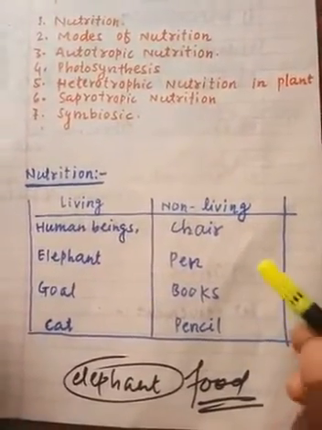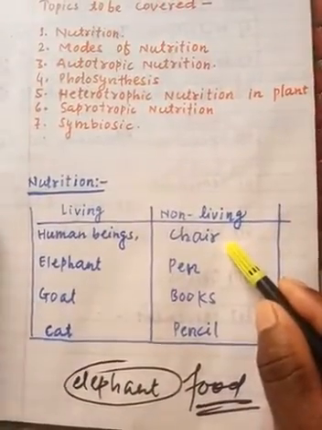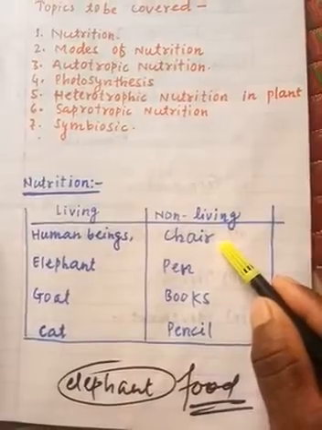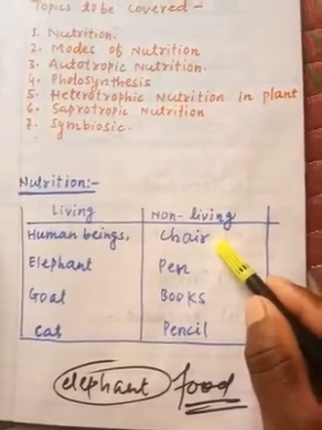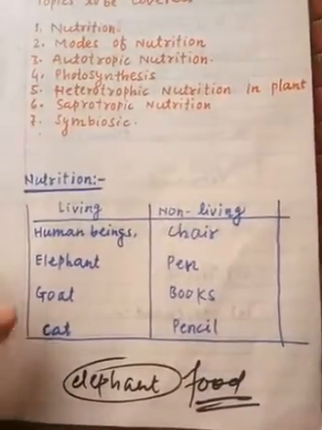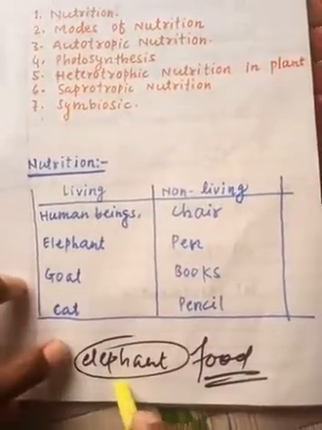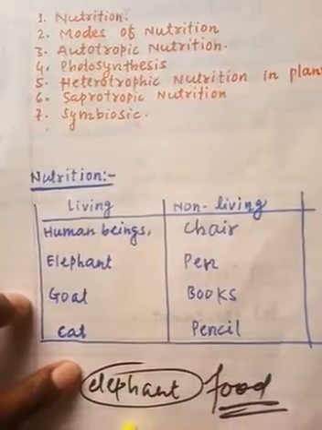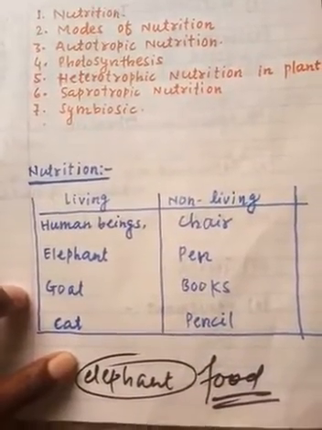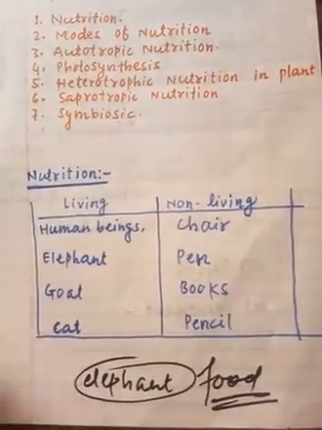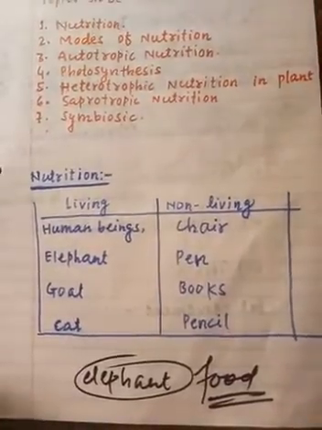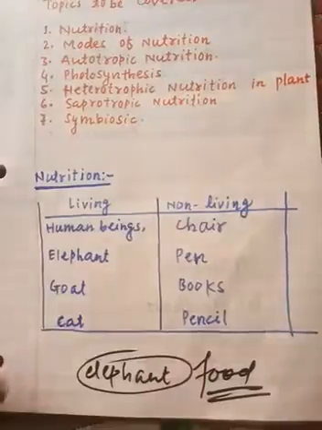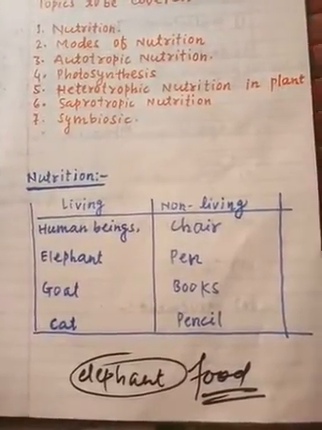But in the case of a chair, do you think the chair needs food, water, or air to survive? Not at all, because food or energy is required in the case of the elephant as some processes are happening inside the body of the elephant, which need food or energy on a regular basis.